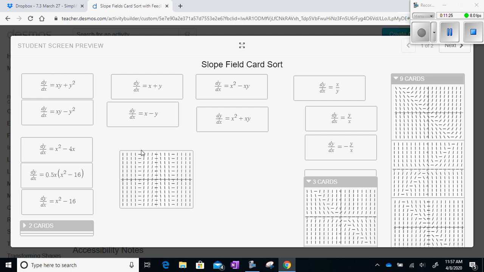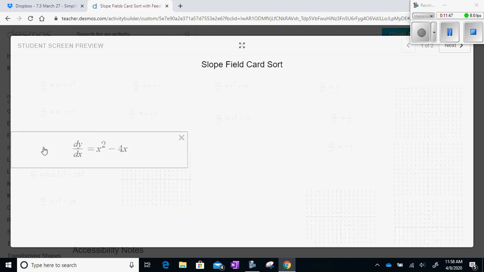And I have 3 x values where my slope would be 0. I have plus and minus 4, and I also have x equals 0. So x equals plus and minus 4 would definitely be a solution to this differential equation when the derivative is equal to 0. If I took a 0 for my dy dx on the top card and set 0 here, I'd write equals 0 on the right hand side.